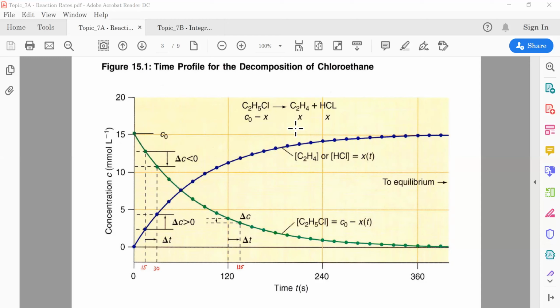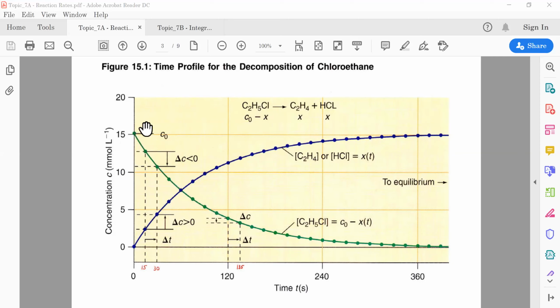And as the reaction proceeds to any point, there will be X amount of the ethyl chloride that has reacted away and X of each of the two products that are formed. And the reason is because they're in a 1-to-1 ratio. So this is typical of what we used to set up as RICE tables for equilibrium calculations.